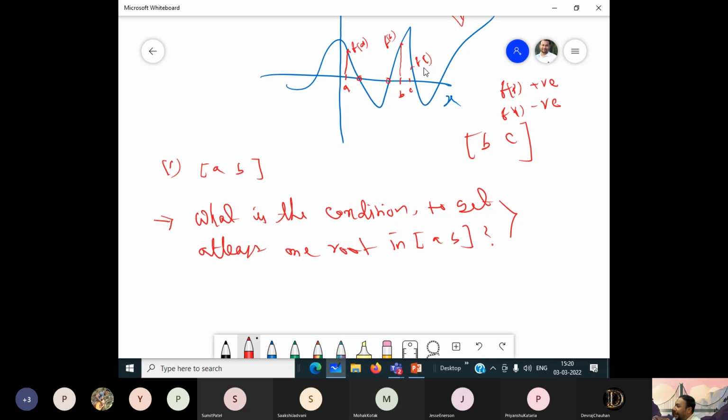In engineering calculations, we are not going to take any risk: if the values of the function are opposite to each other, only then will we accept there is at least one root, because it is confirmed. It may cross 3 times, it does not matter, but there is one root. But if the values are not opposite, if they have the same sign, there may or may not be roots. Clear?